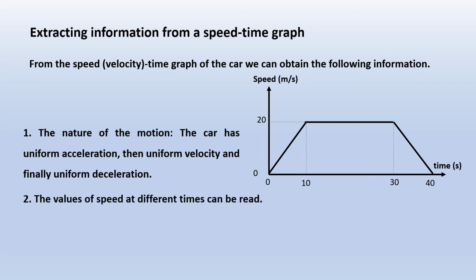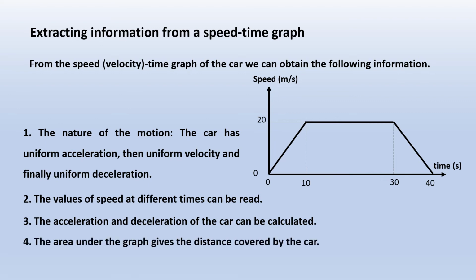The value of speed at different times can be read. The acceleration and deceleration of the car can be calculated. The area under the graph gives the distance covered by the car.